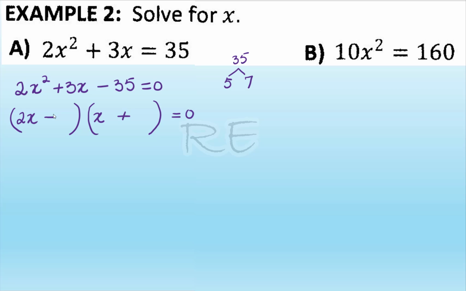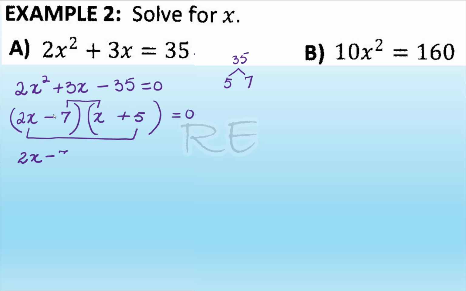Therefore, negative 35 will be a positive number multiplied by a negative number. So 2 will be associated with positive 5, 2 times 5 is 10, and negative 7 will be associated with x, negative 7x. So 10x minus 7x plus 3x.